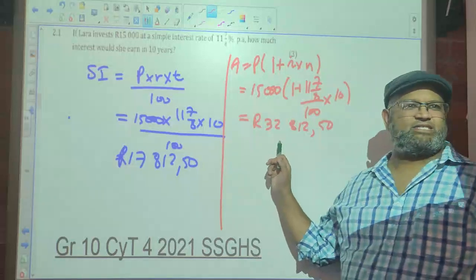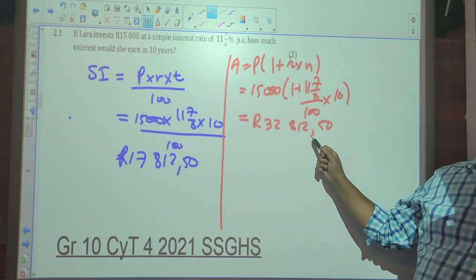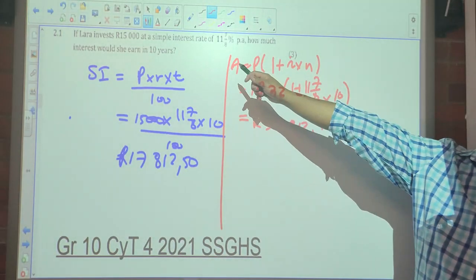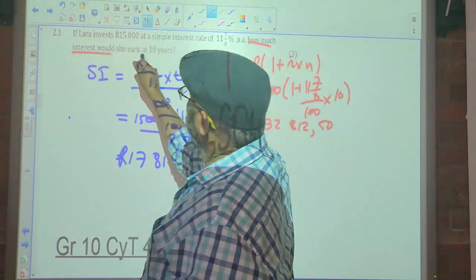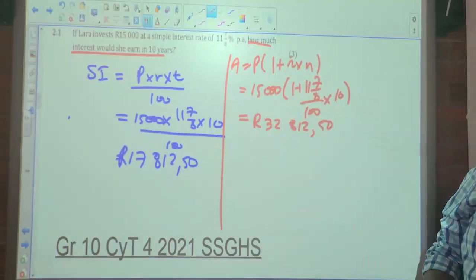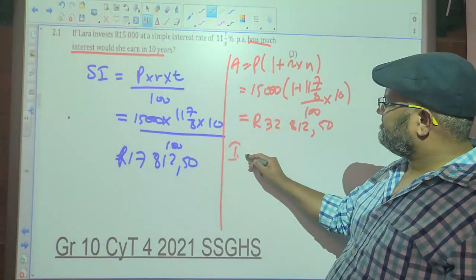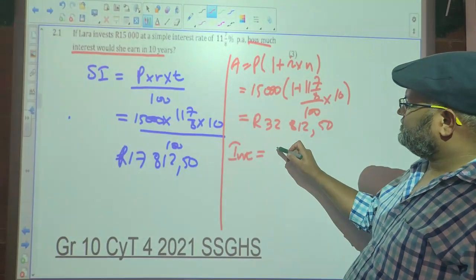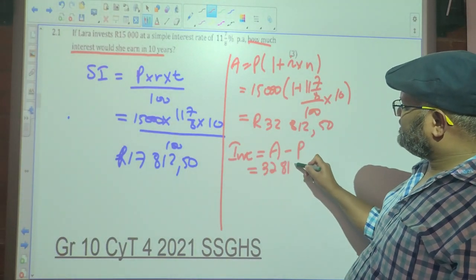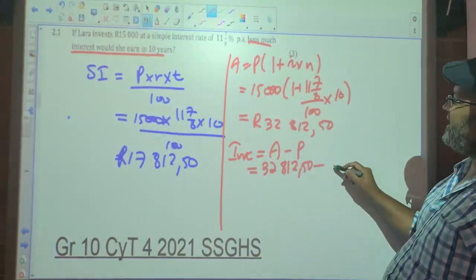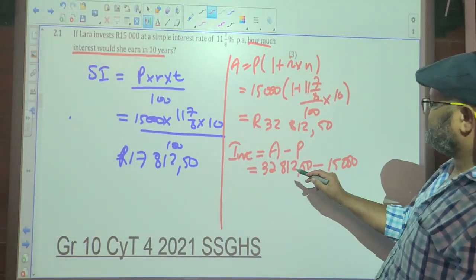But what is this? That's your A value, your final amount. What's the question? How much interest would you earn? So how do you work out the interest? You subtract the P. So it's A minus P. So it's 32,812 rand and 50 cents minus 15,000 rand.